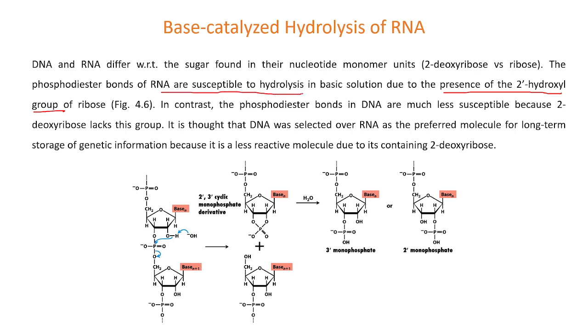What happens in contrast in the case of DNA is that the phosphodiester bonds are much less susceptible because it does not contain the 2 prime OH group. Because of this, it was thought that DNA was selected over RNA as the preferred molecule for the long-term storage of genetic information, because it is a less reactive molecule.